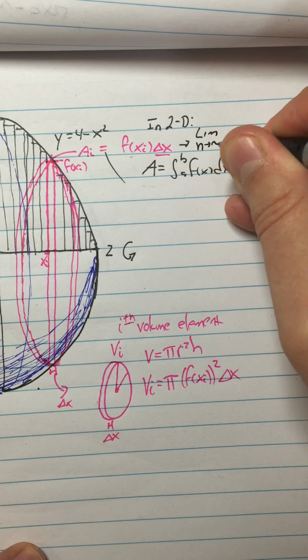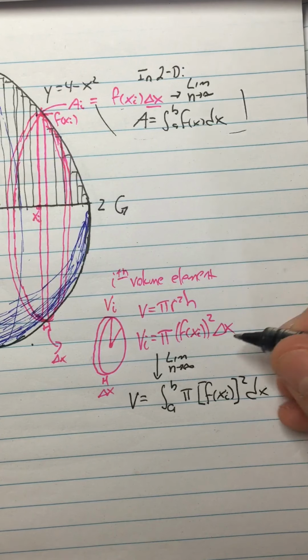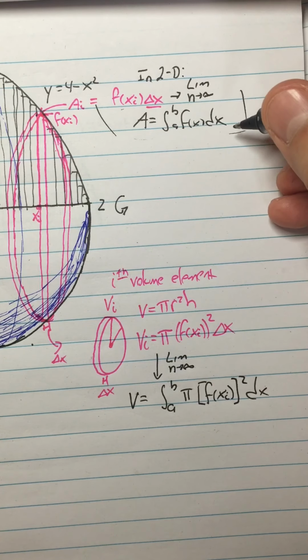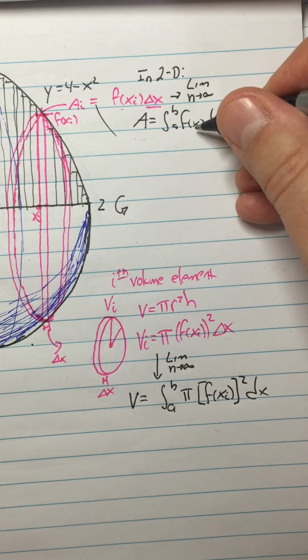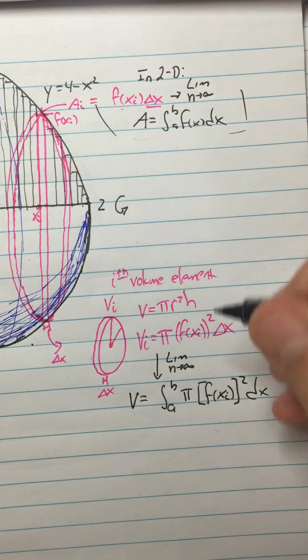As we put in infinitely many rectangles, we end up with a formula for volume: V is equal to the integral from a to b of pi times f of x sub i squared dx. The delta x becomes dx, the f of x sub i becomes f of x, and all the other features remain. I usually put these brackets here. Some people just put the squared on the f, but I think it's a little clearer this way.